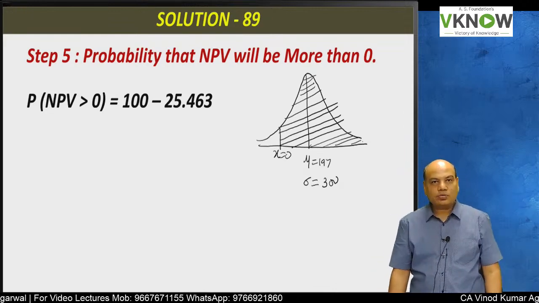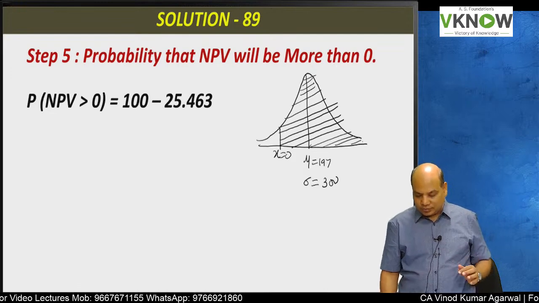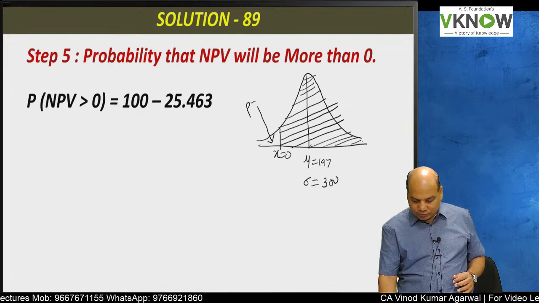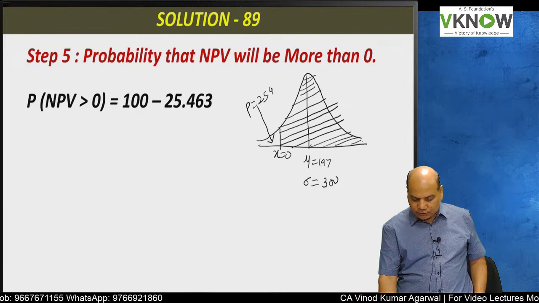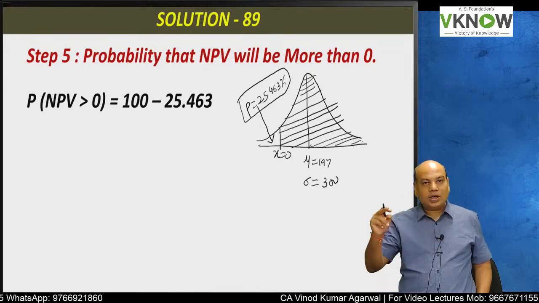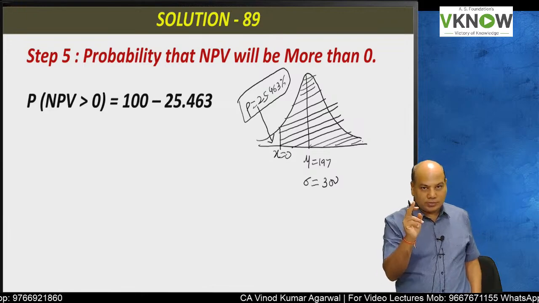Now student has to be smart, we don't have to do the same thing again and again. The probability of this area in the previous question you have computed is 25.463%. Total area under normal distribution curve is having probability 1.